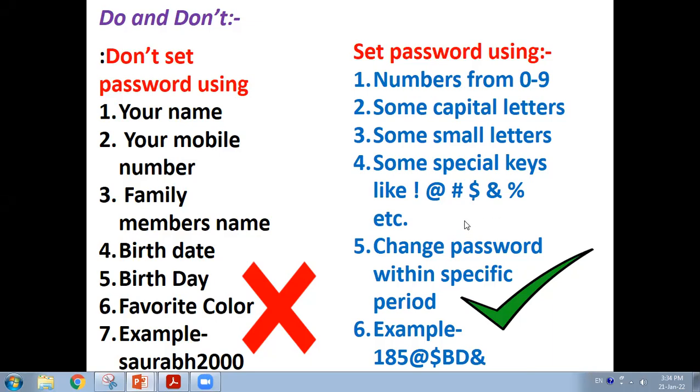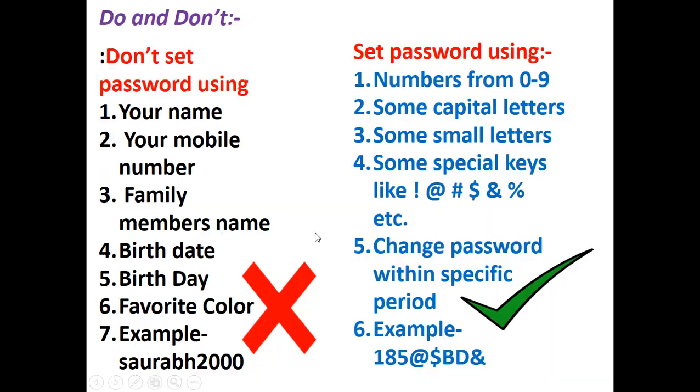A password should be a strong password, and we covered which things we have to do and which things we have to avoid. Today, we are going to study some security procedures to be safe and secure from cyber attacks.